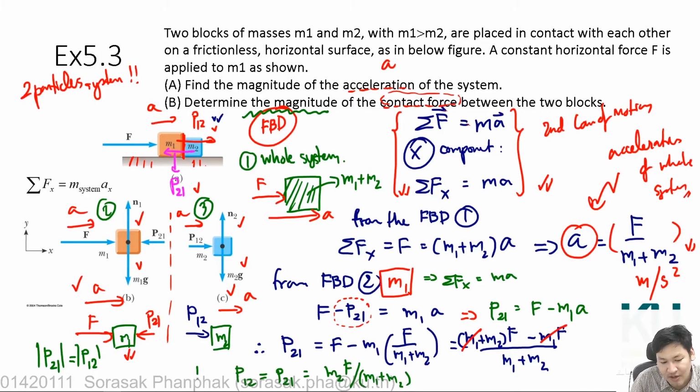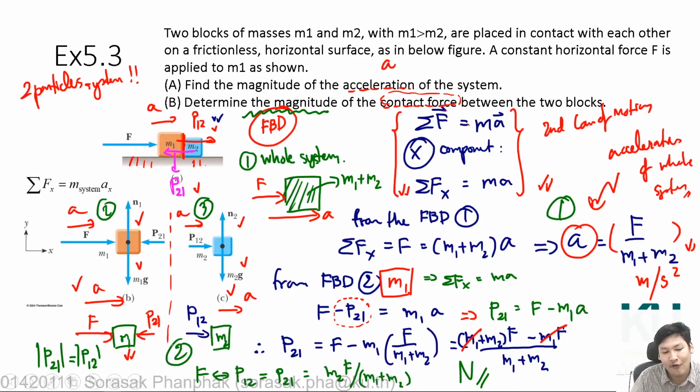This is the force with which these two particles contact each other. That force has units in newtons. And this is how you derive the first one, the acceleration of the whole system, and the second one, the contact force between two boxes.